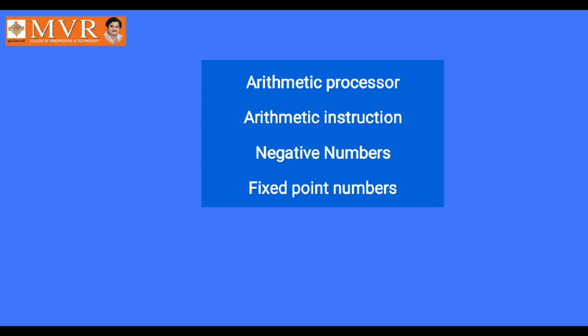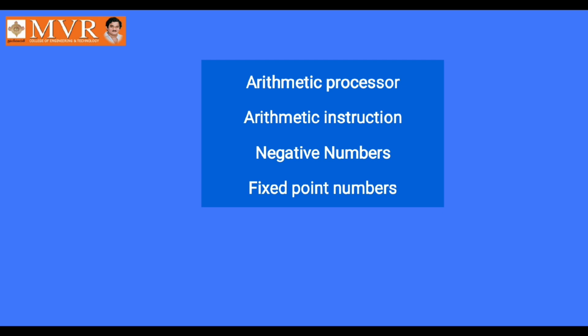To perform any arithmetic operation, the user must give an instruction. This arithmetic instruction may specify binary or decimal data. The data on which the operation is performed may be binary or decimal.